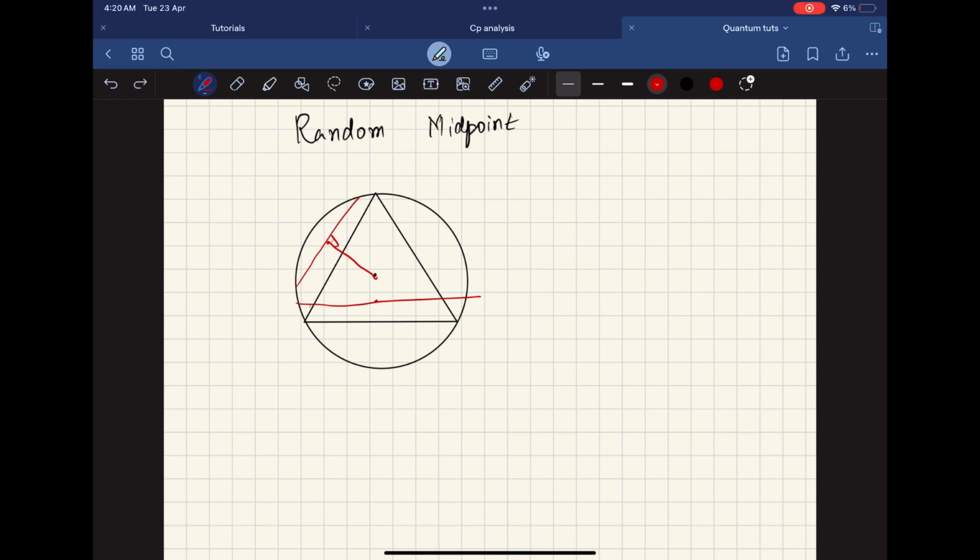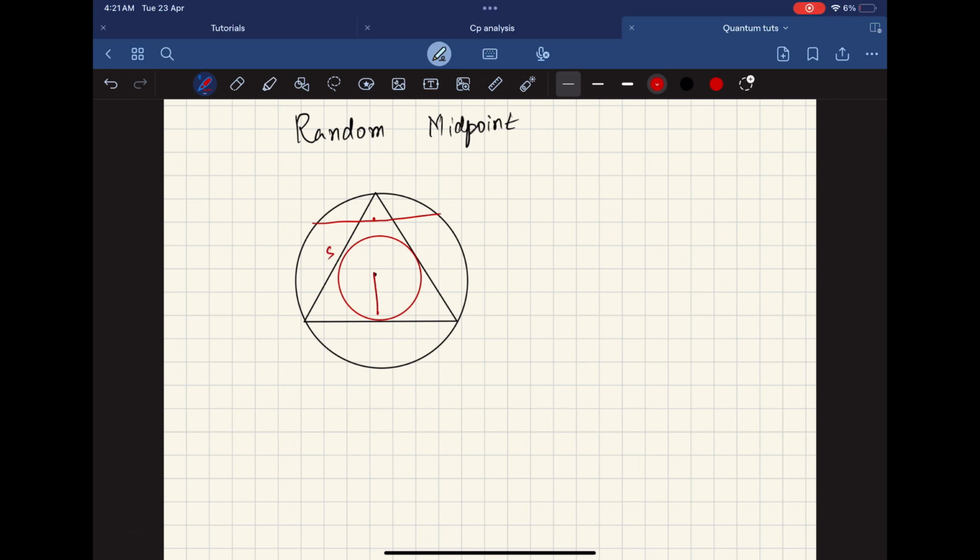What Bertrand said is that let us draw another circle to make it much more clear. If I have my point in the region outside this inscribed circle, my unique chord will be less than my triangle's side length.